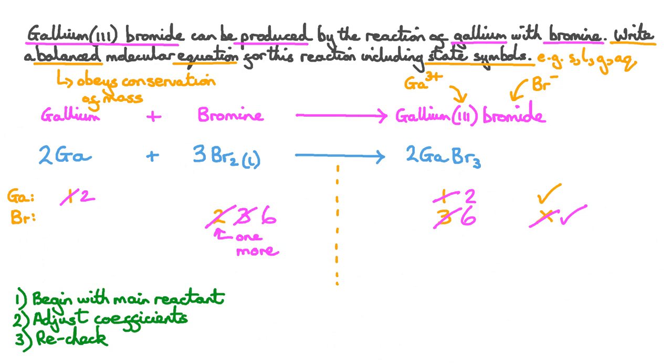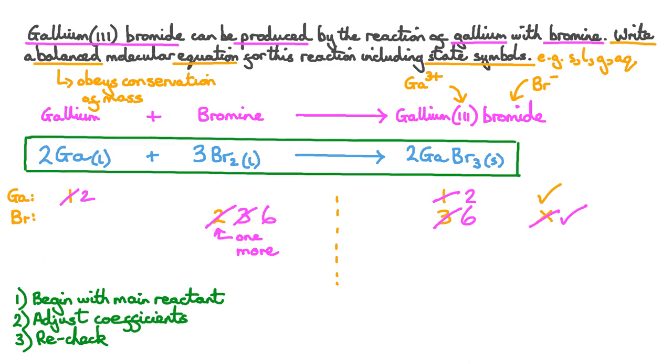Interestingly, the melting point of gallium is only slightly above room temperature, so it's a metal that can melt in your hand. So we'll label gallium as a liquid. Gallium bromide is a white powder, so we can label that as a solid. So here is our balanced molecular equation.